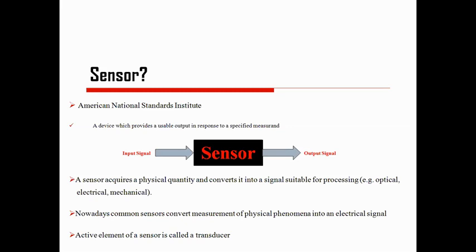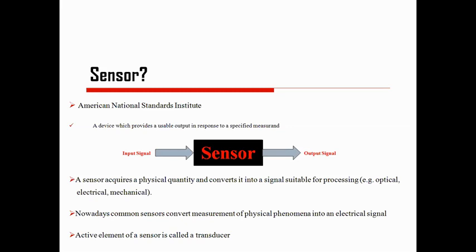The reason is that your hand is unable to sustain that particular heat. It means the input is nothing but that heat, and the output is the motion of the hand away from the flame. Now a sensor acquires a physical quantity and converts it into a signal suitable for signal processing.